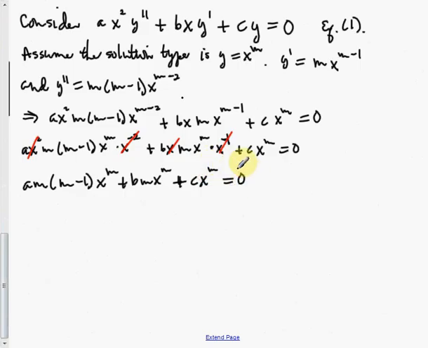There's a common term of x to the m. We factor that x to the m out, and so we have x to the m times brackets a times m times m minus 1 plus b times m plus c equal to 0.